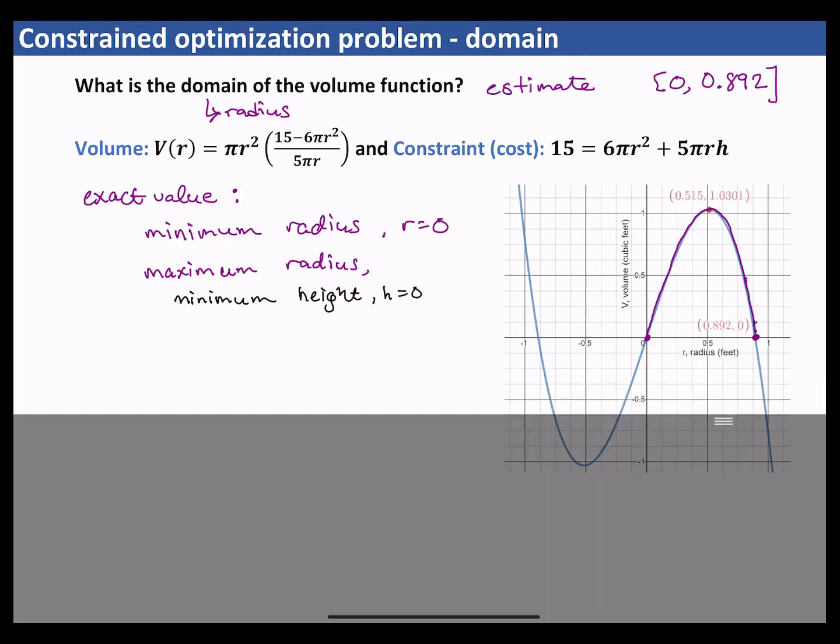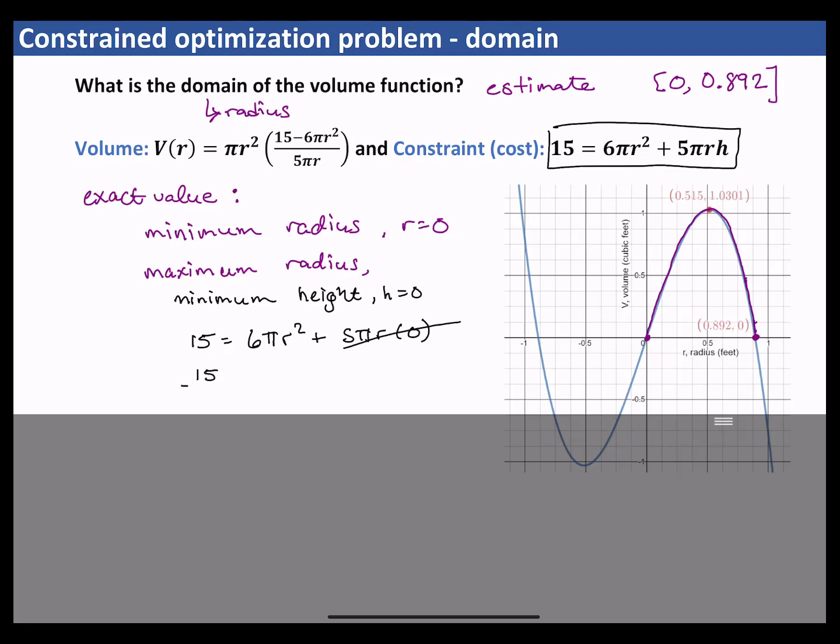If we have a height of 0, that gives us no cylinder, but if we went just close to a height of 0, then the radius would be really, really big. So I'm going to take this constraint equation that involved the radius and the height, and let the height equal 0, because I know if the height gets really close to 0, the radius can get bigger and bigger. 5 pi r times 0 is 0, so I just have 15 equals 6 pi r squared.